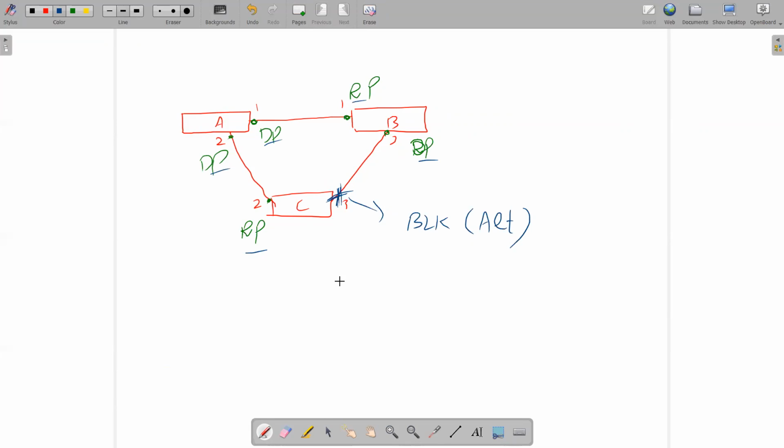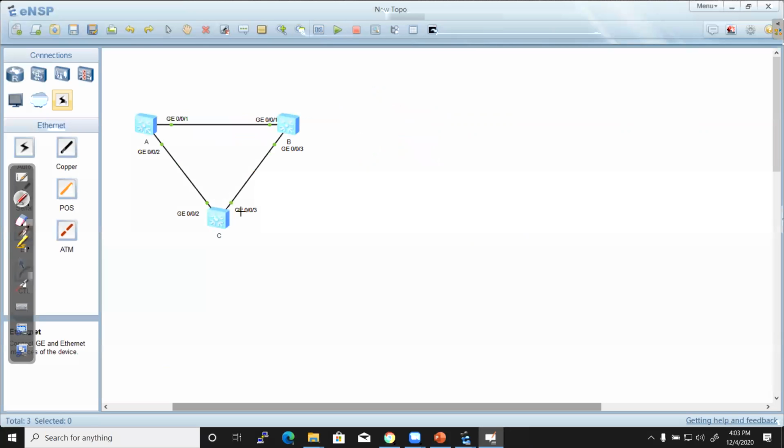In the beginning, someone may ask why STP doesn't put this port into the block state, why is it putting this port into the block state. So we have run the algorithm in the manual way so that we can understand why STP is putting this into the block state.